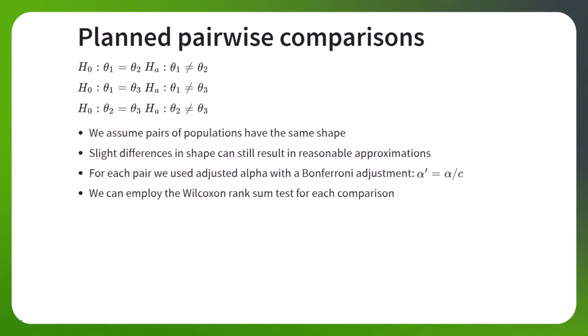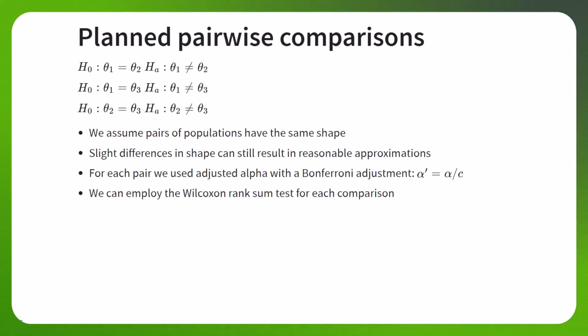We assume the pairs of populations have the same shape. However, research has demonstrated that slight differences in shape can still result in reasonable approximations. That's because location has more weight on our test statistic than shape does. For each pair, we use adjusted alpha with a Bonferroni adjustment.